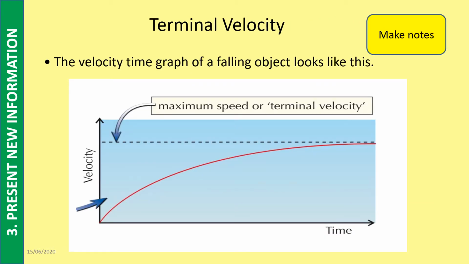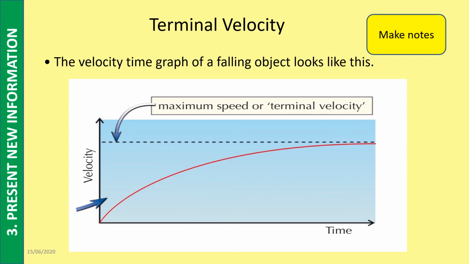Now we can draw a graph of the velocity of an object as it starts to fall. And it looks like this. When the object is first released, the force of gravity is much more than the frictional forces that are slowing the object down. So the object accelerates really quickly.